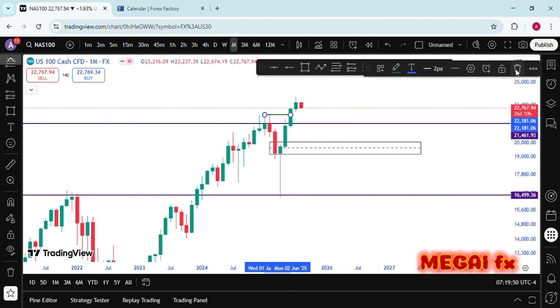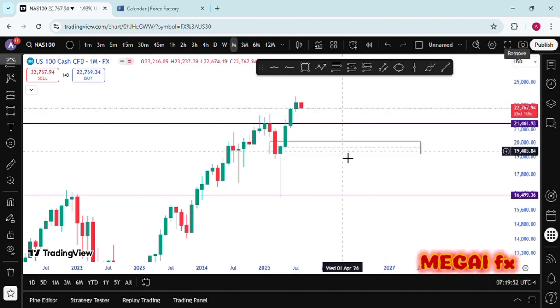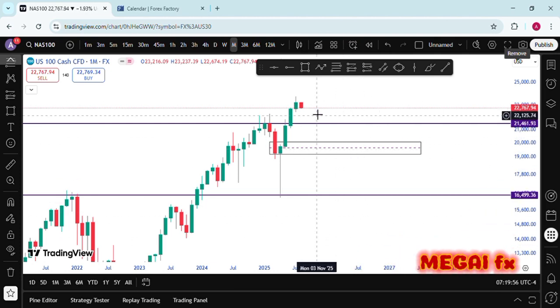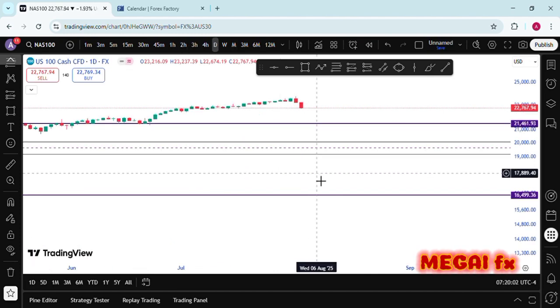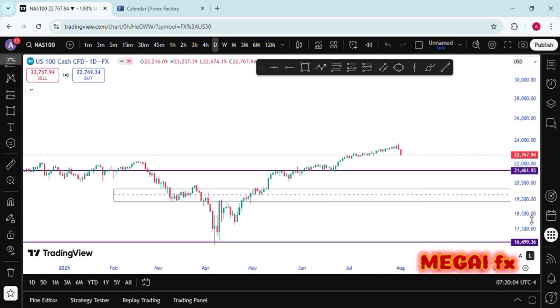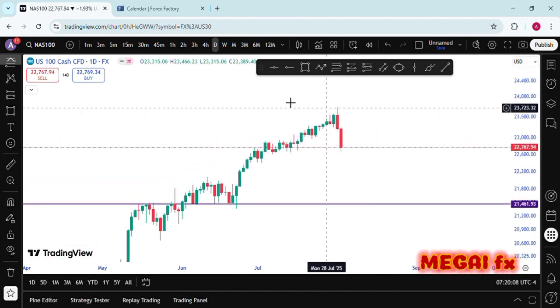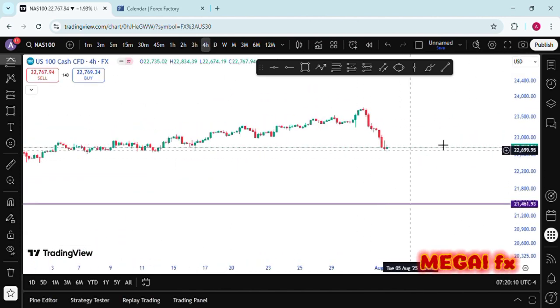But before waiting for market to get to this place, I tend to be selling, to be going short until at least I get to this former resistance. If I go to daily time frame, you notice what happened last week. You notice that we already have, okay, let me go to 4-hour time frame.